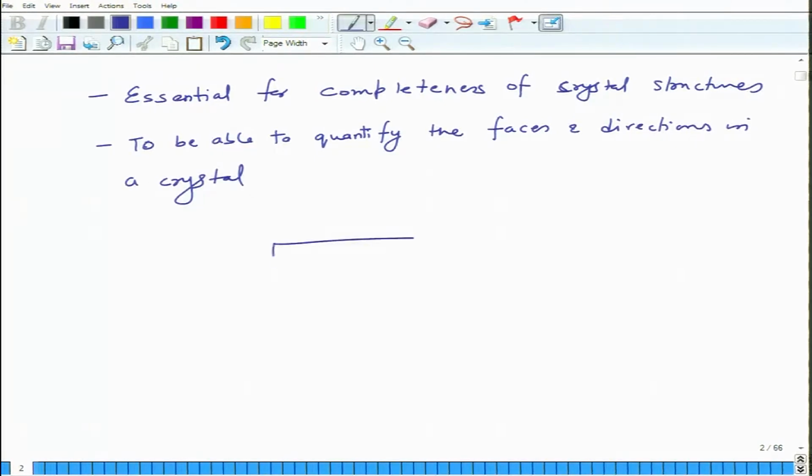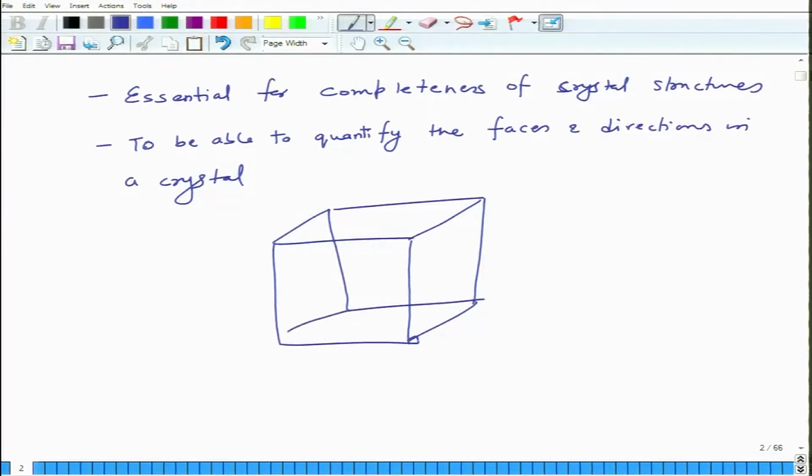And the reason for that is, let us say I draw a simple parallelepiped here. So, I have these atoms, okay. So, you can see that the separation between, if it is a cube, then you know that this is A and this is A. You can see that the spacing between these atoms is A, but between these atoms it is not A, it is something else, let us say A by root 2.